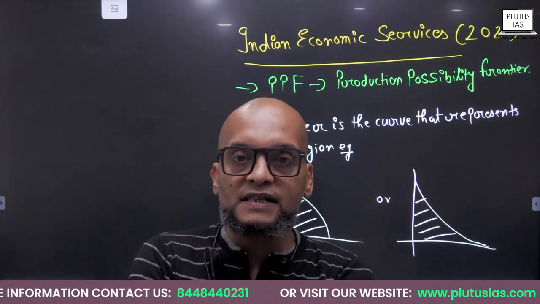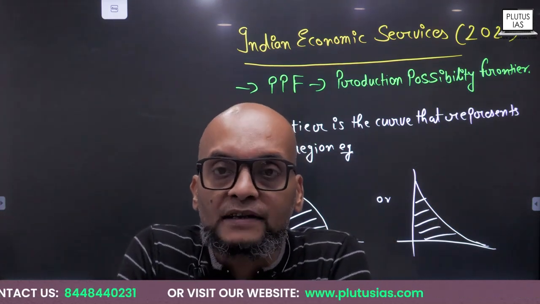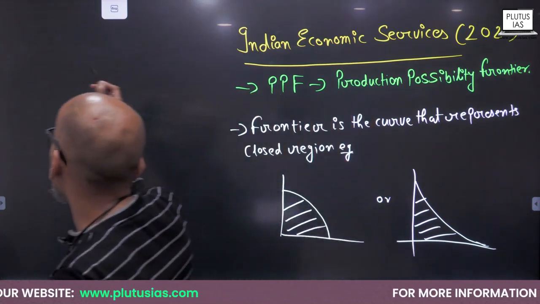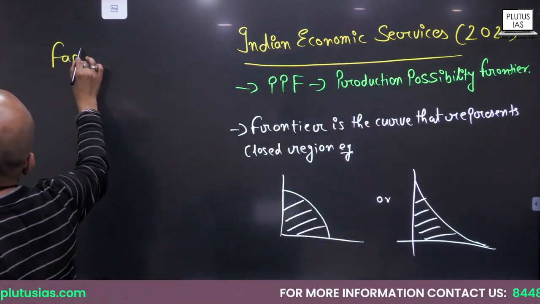And when I say resources, I am talking about the factors of production. What are the factors of production? There are actually 4 factors of production you all might be aware of.